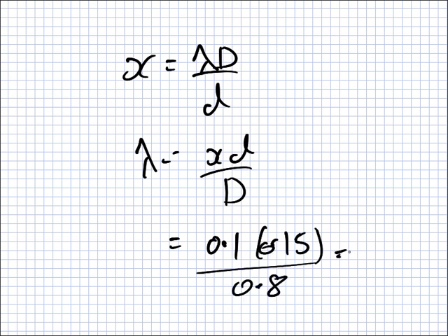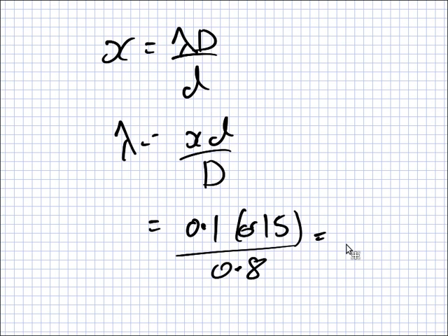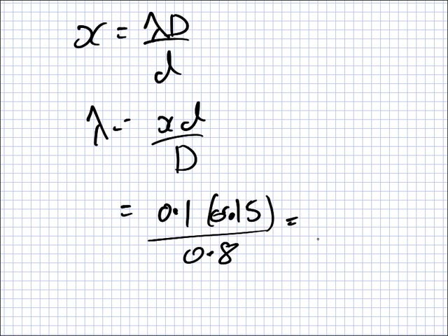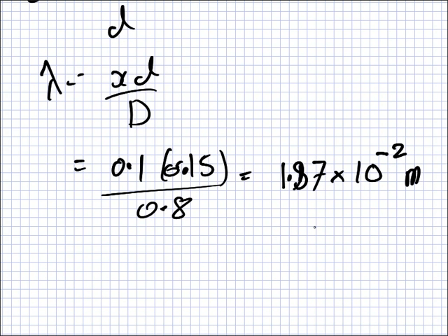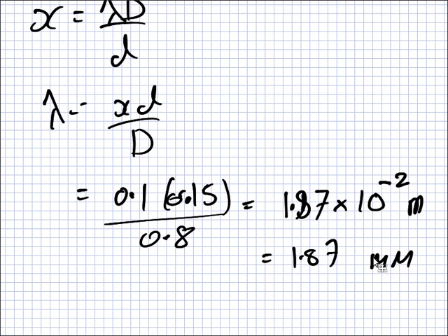And what was that? Let's calculate. I got 1.87 times 10 to the minus 2 meters. Yeah, so that's 1.87 millimeters, yeah? Yes. Okay.